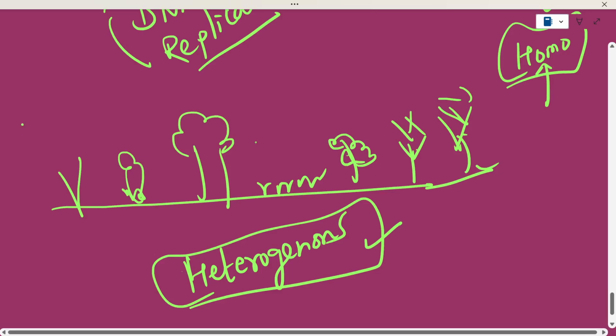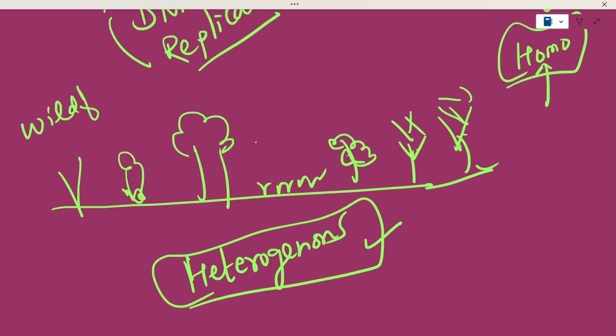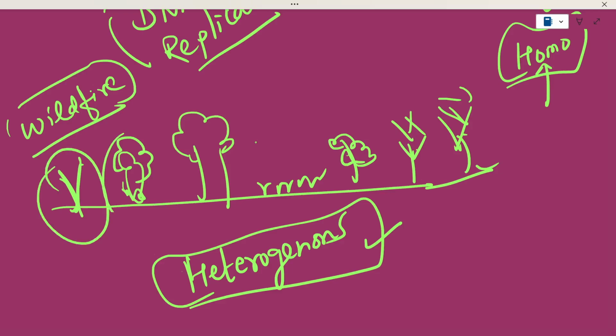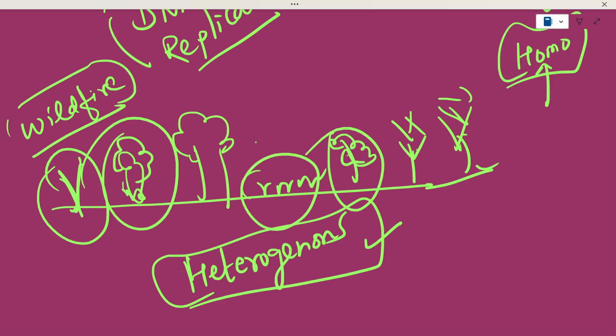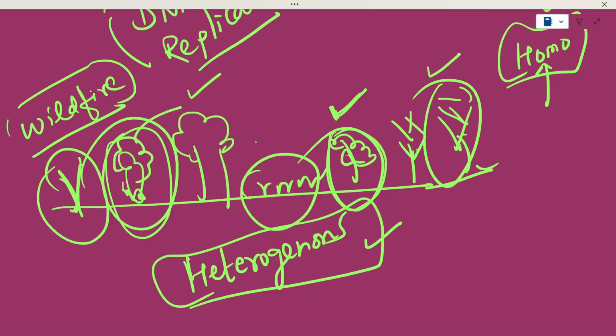Now if any inclement event like a wildfire rages on, some of the vegetation will burn down and become extinct. But some varieties, for example take this one, may get over it and not be harmed, and this one also is not harmed.